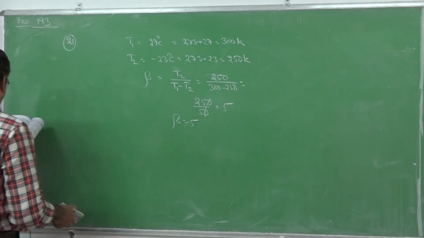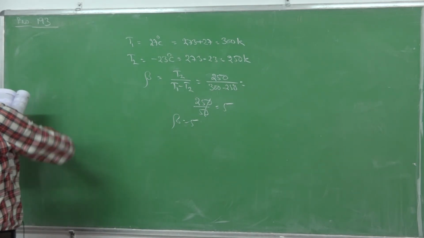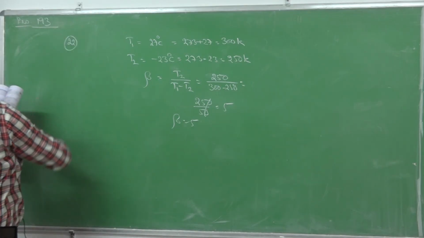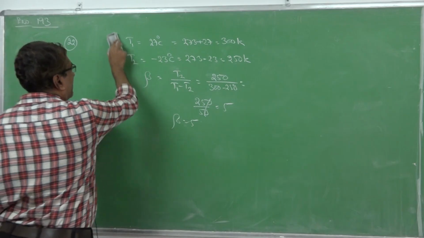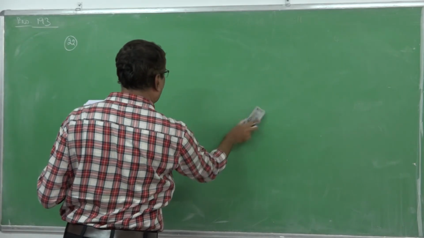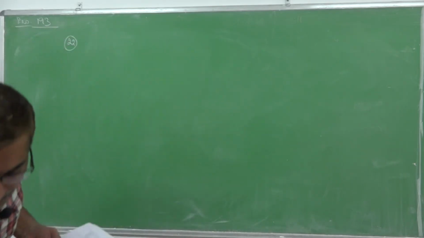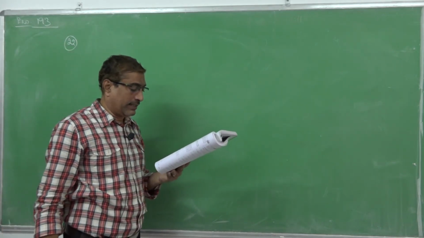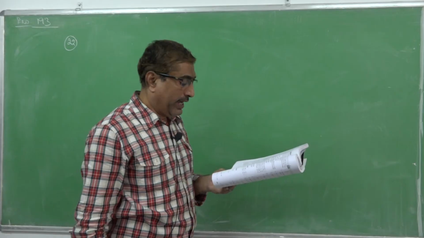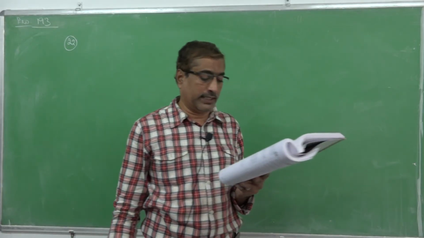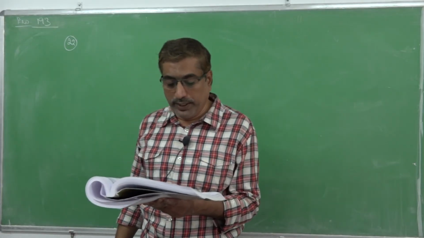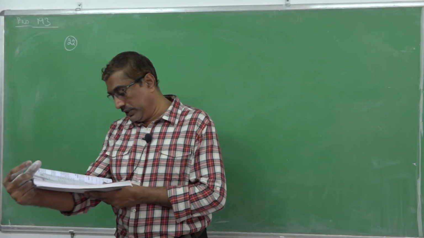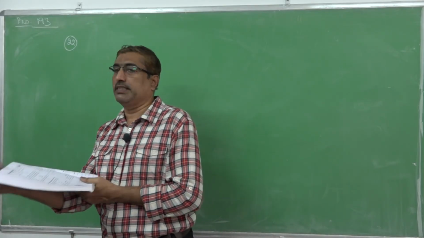Okay, next, 22. A Carnot engine whose sink is at a temperature of 300 K has an efficiency of 40%. By how much should the temperature of the source be increased so as to increase the efficiency to 60%?